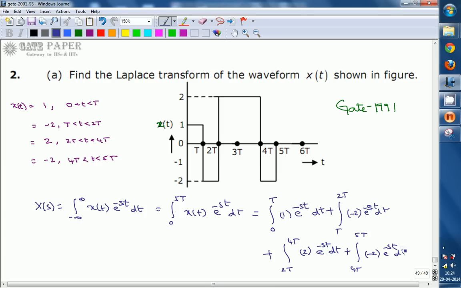By applying the integration and substituting the limits, we will get the answer.